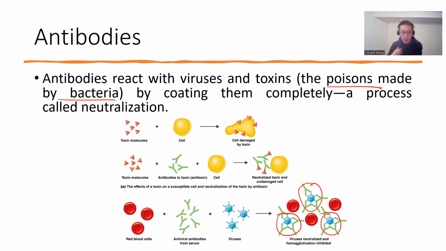So if you have some toxins in the body, if you get bitten by a poisonous snake, the antibodies will be able to bind to these toxins and again, neutralize them, preventing them from harming your cells. So that's the first function of antibodies, neutralizing toxins or viruses.